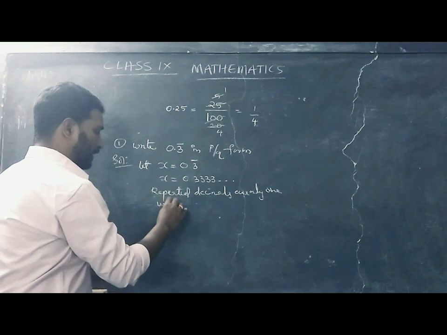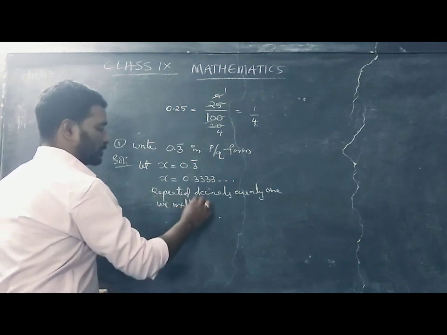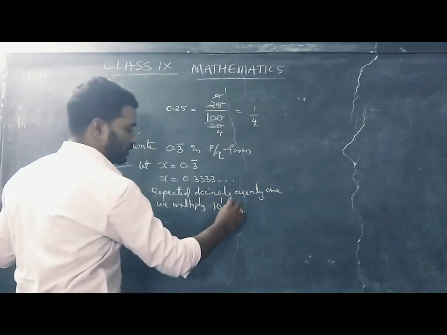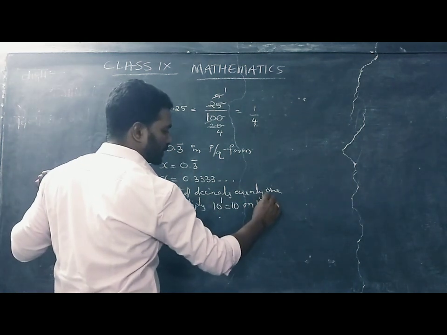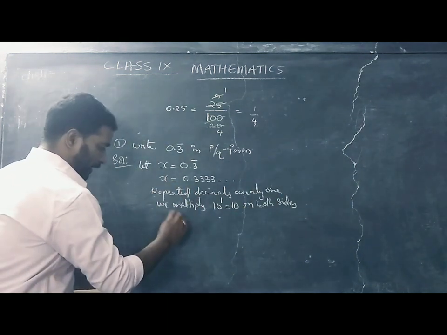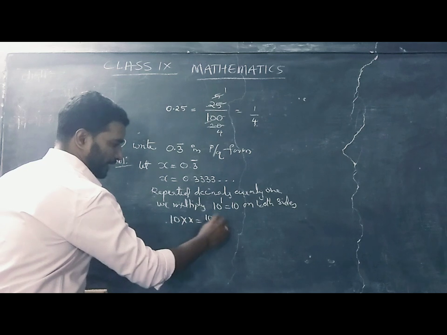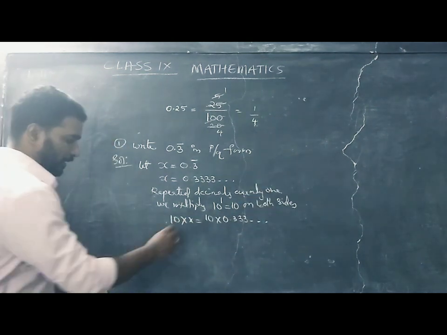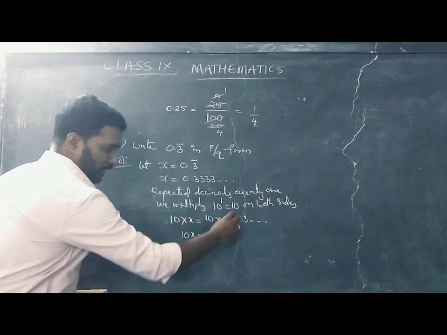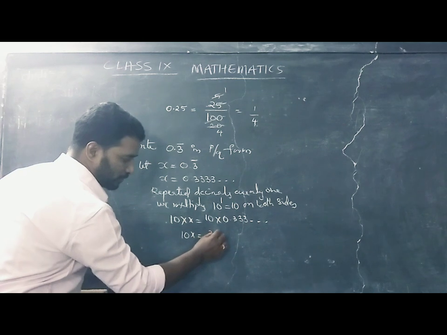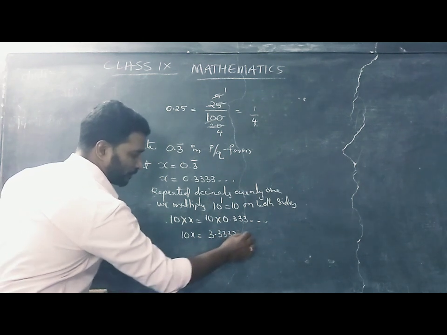So multiply by 10 to the power 1, nothing but 10, on both sides. So I multiply 10 into x and 10 into 0.333 and so on. 10 into x is 10x, and 10 into this one is 3.333 and so on.